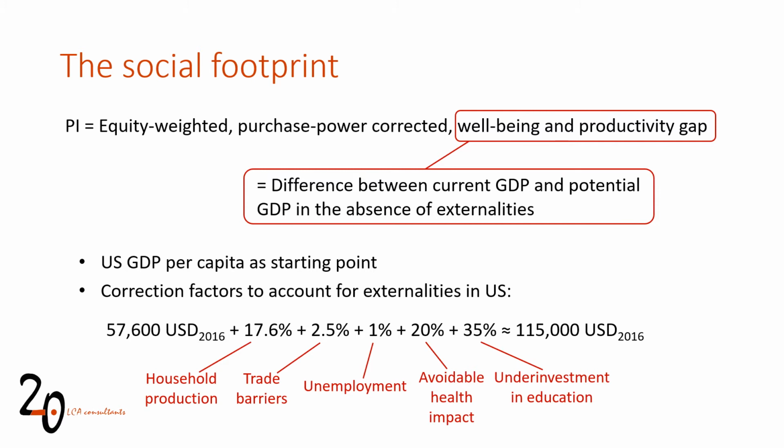So with this estimate, we get that the GDP in an ideal economy without externalities in any country in the world could reach 115,000 US dollars. Now the difference between this value and the actual GDP in a given country is what is taken in the social footprint as the productivity gap.